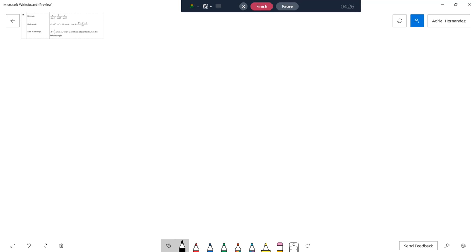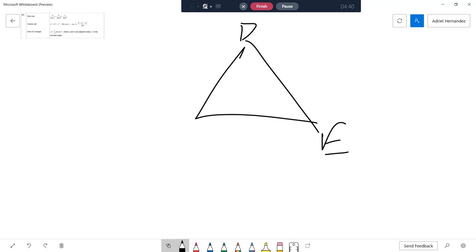So say this is my triangle, triangle D E F. Its corresponding sides are going to be e, f, and then d.